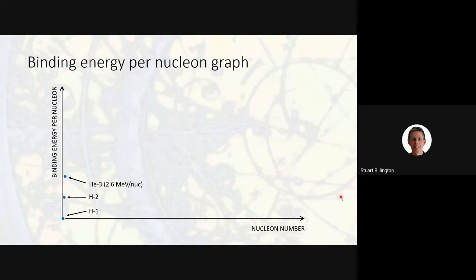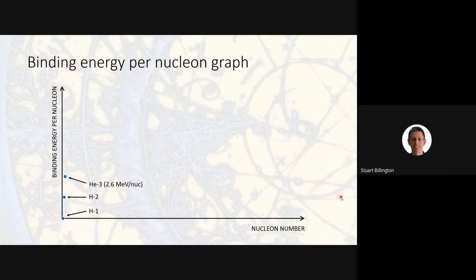So you can see that as we go up the axis here, the nuclei are more tightly bound. They are in more debt to the universe. They gave away more of their energy when they formed. And this makes it more unlikely that they will ever break apart.